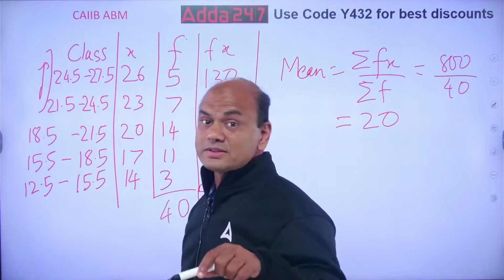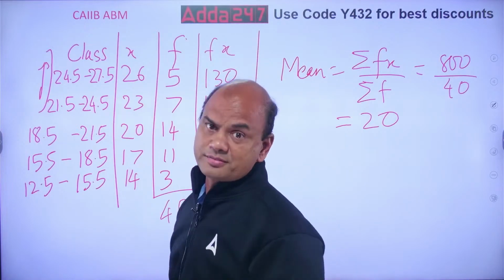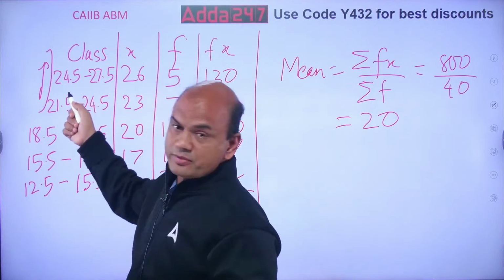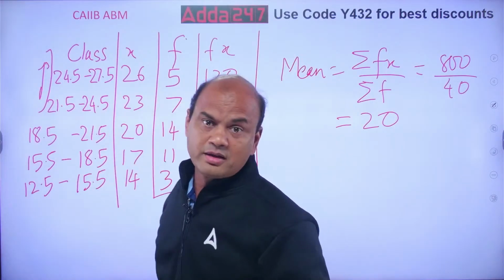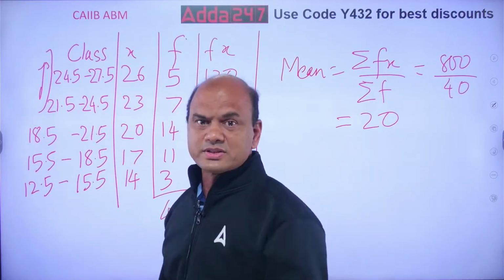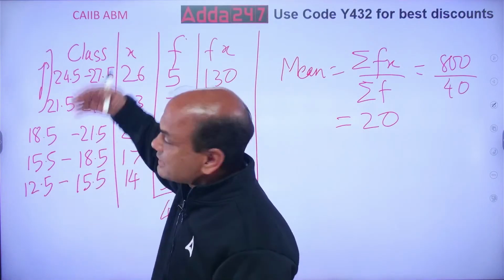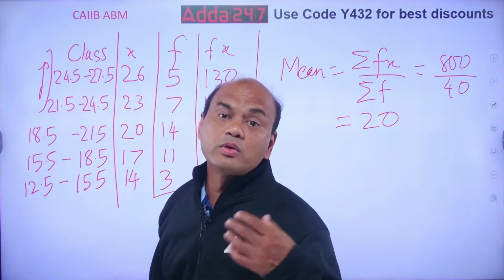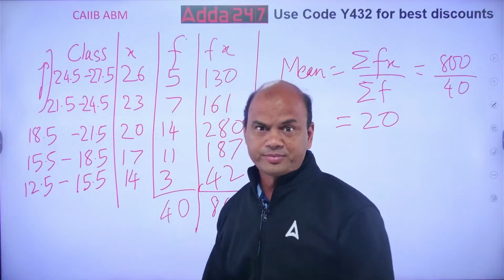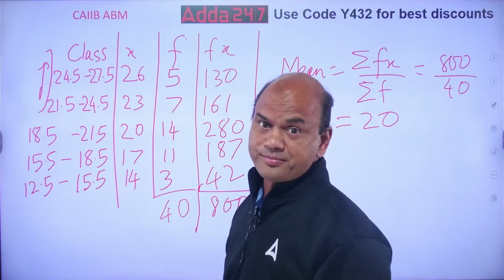That is known as greater than and less than. Whenever you start from the higher end, this is known as greater than frequency. Whenever you start from the lower end, that will be called lower than frequency. Okay? This question also comes for 1 mark.